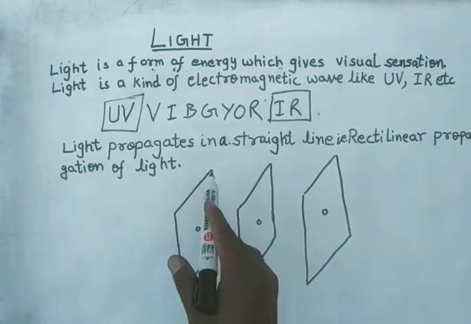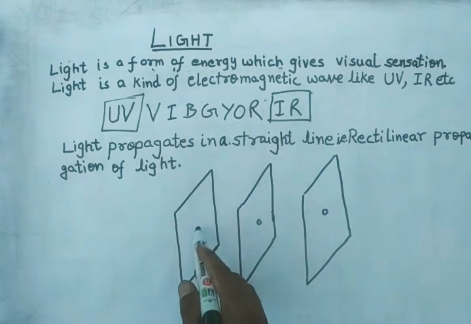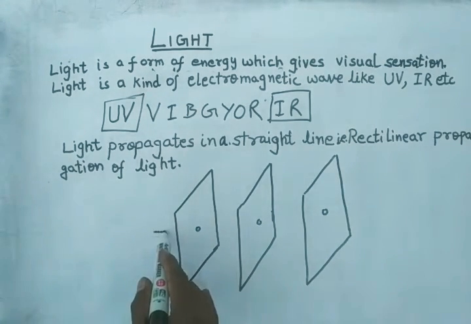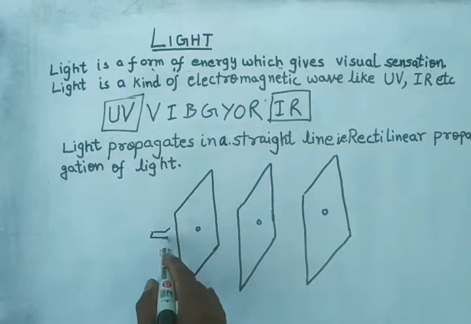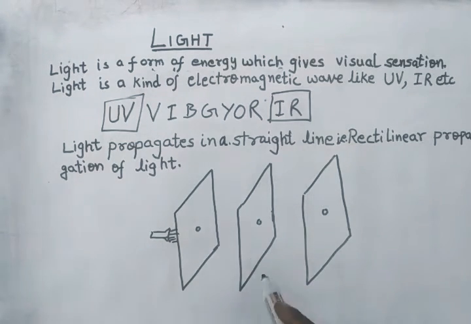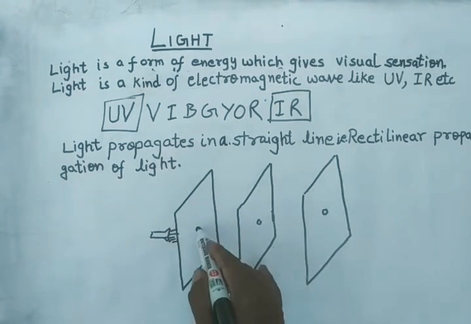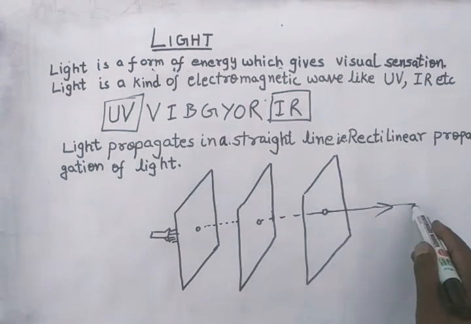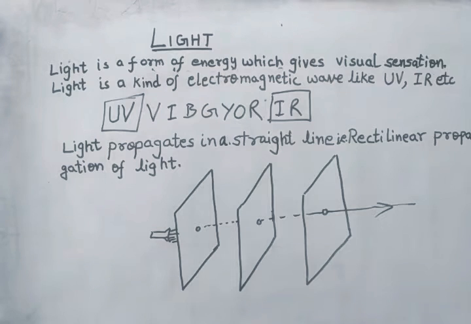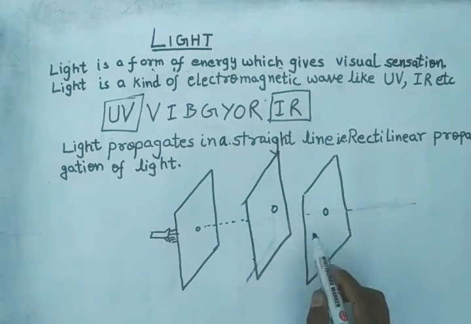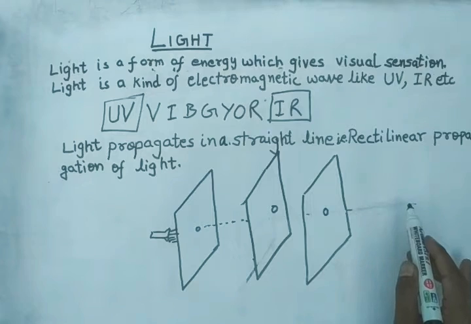So, take cardboard and make holes at the center of each card, and then illuminate the first card with the help of a torch, not so bright a torch. You will observe that if these 3 holes are aligned, we can observe light coming out from the third card. But if we slightly dislocate the card in the middle, then we will not receive any light from the third card.